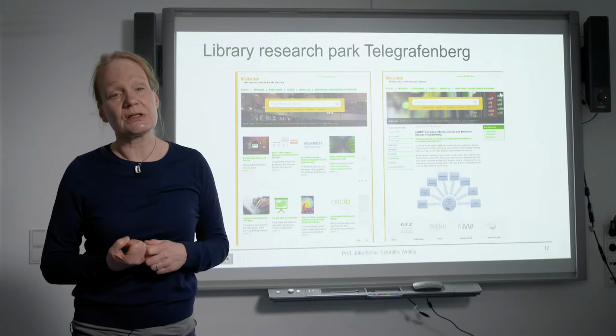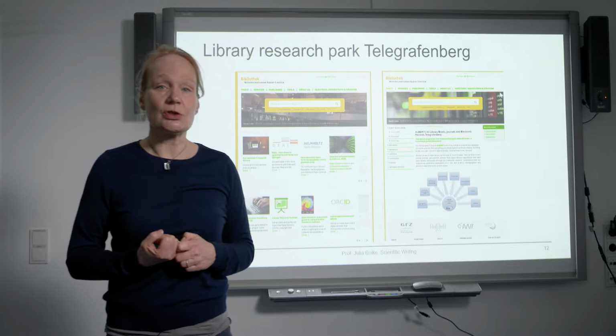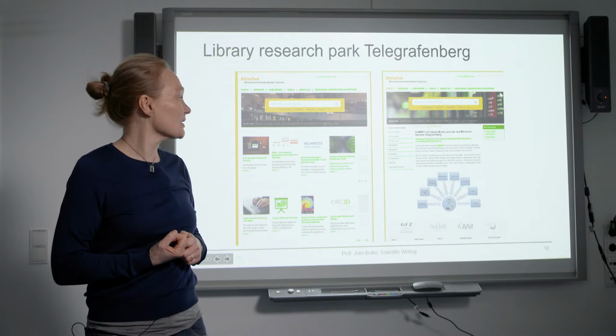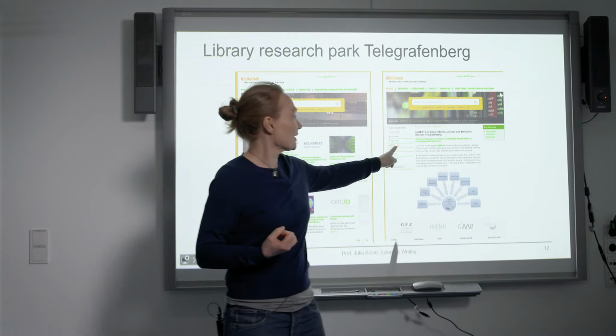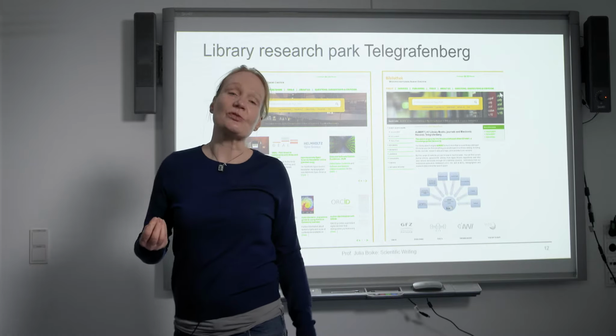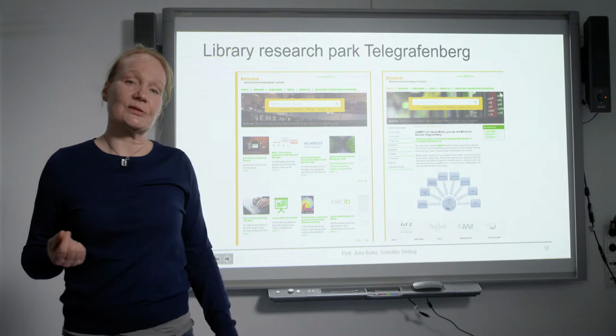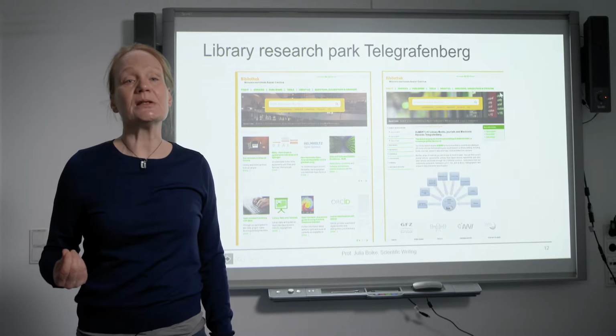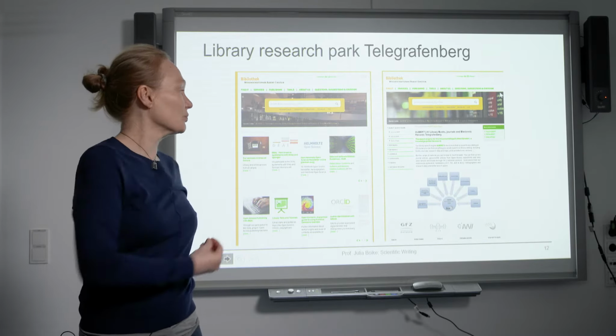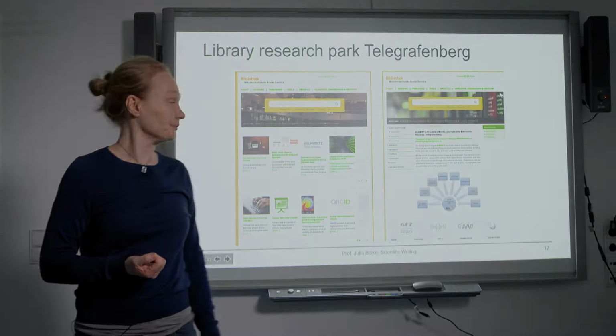Of interest here are also the search engines they use, because they have one that's called Albert, All Library Books, Journals and Electronic Records, Telegrafenberg. This, for example, also includes databases, which is of interest for me. Sometimes you just want to look for a data set, and this Albert tool will probably pick it up.